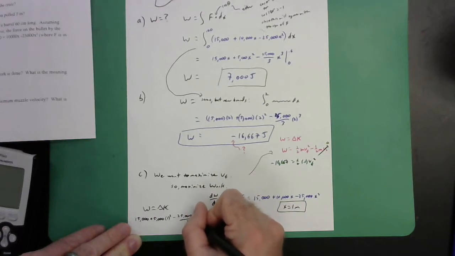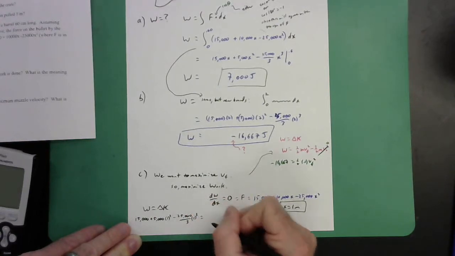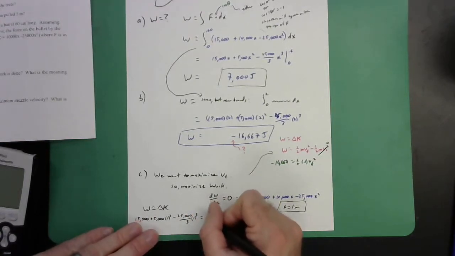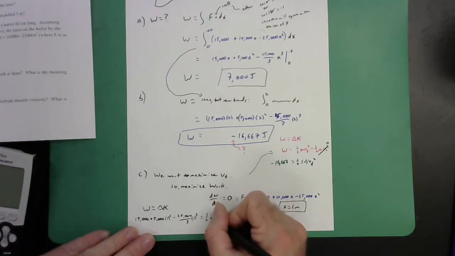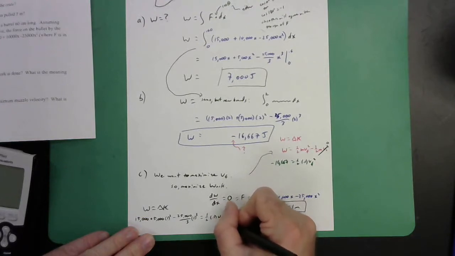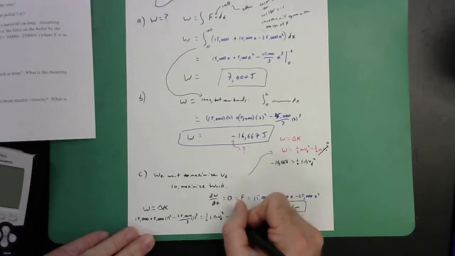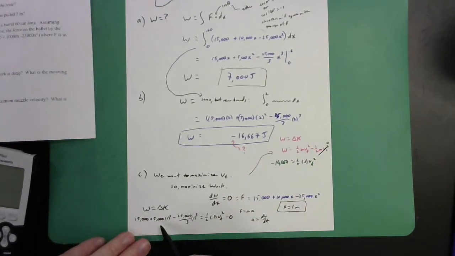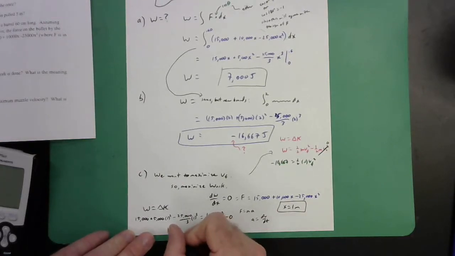The x is 1, so that's 1 cubed. That's the work, which is equal to the change in kinetic energy: 1/2 the mass, which was 0.1 kilograms, times the final velocity squared, minus the initial kinetic energy, which was 0. This is the expression I'm going to solve for V final.